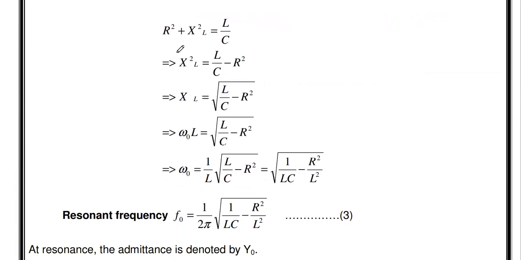From that you rearrange to find the XL value.